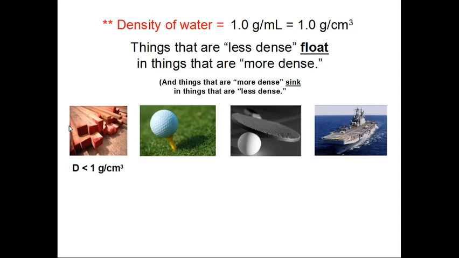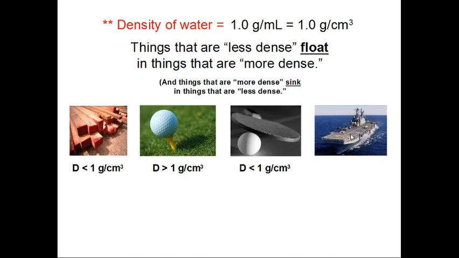Density less than 1. Now, do we have any golfers watching this? They know exactly what happens when you hit a golf ball in the water, and unfortunately for the golfers, it's going to sink. The density is greater than 1. But ping pong players have it a little better, because ping pong balls float. Density less than 1.